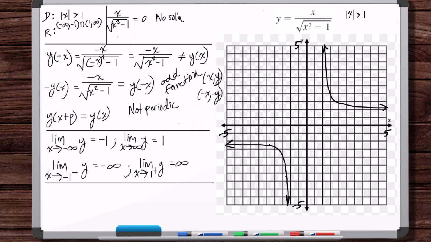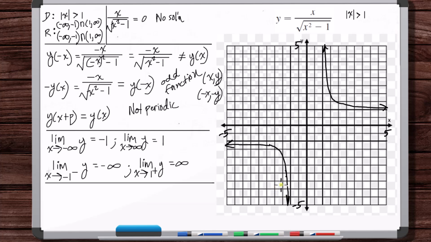All right. So now before we finish, what's the range? If you look closely, the range is going to be minus infinity to minus 1, and then 1 to infinity, just like the domain. It's a coincidence, right?